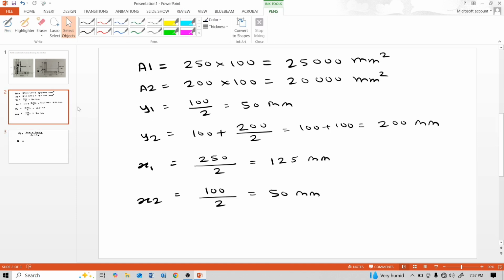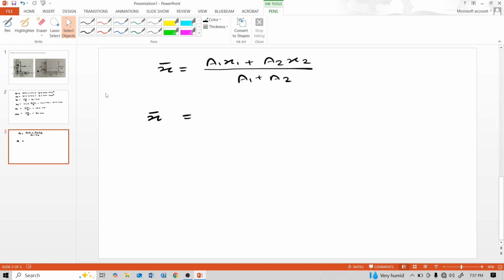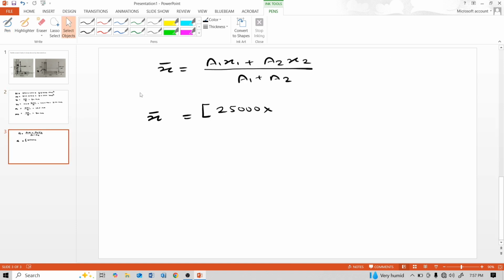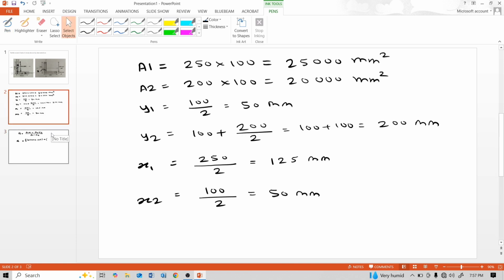A1 is 25,000 multiplied by x1, which is 125, plus A2, which is 20,000, and x2 is 50.